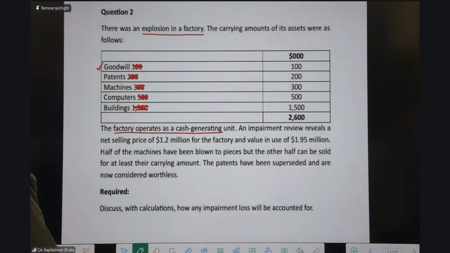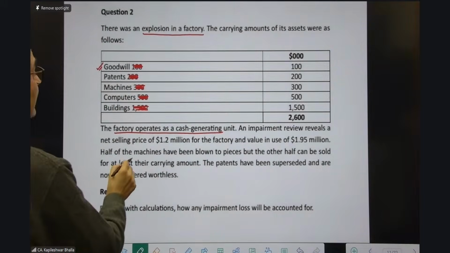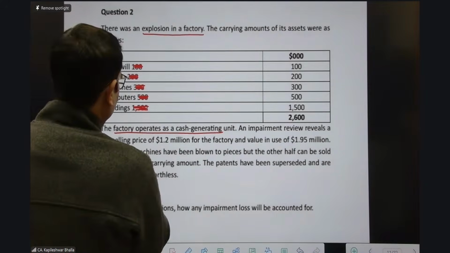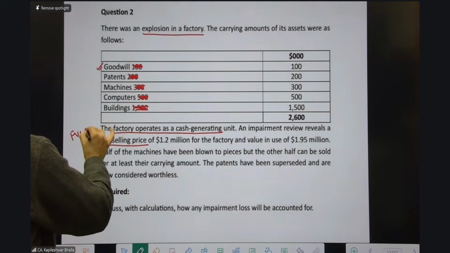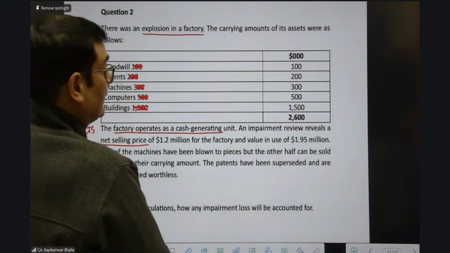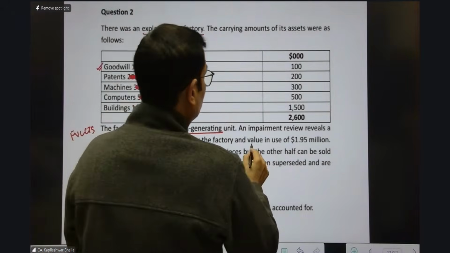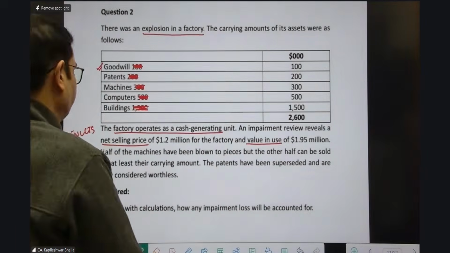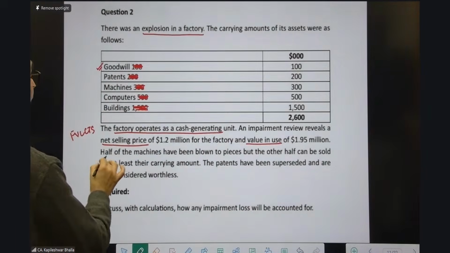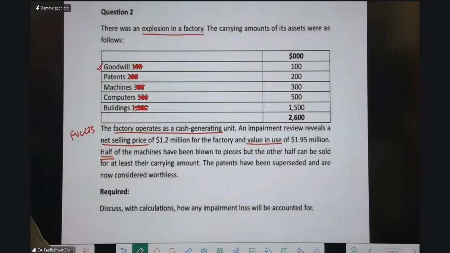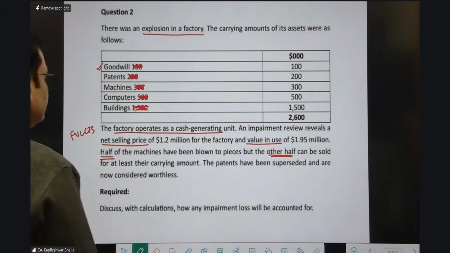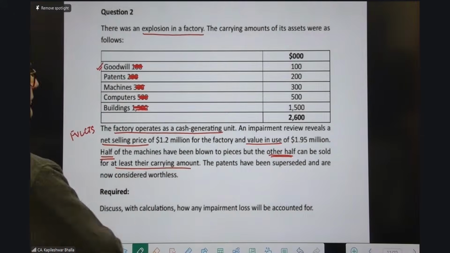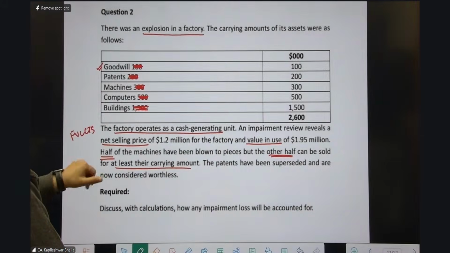An impairment review reveals that there is a net selling price of 1.2 million, which is the fair value less the cost to sell. And then it says the value in use is 1.95 million. Half of the machine is blown to pieces and the other half can be sold at least at the book value.